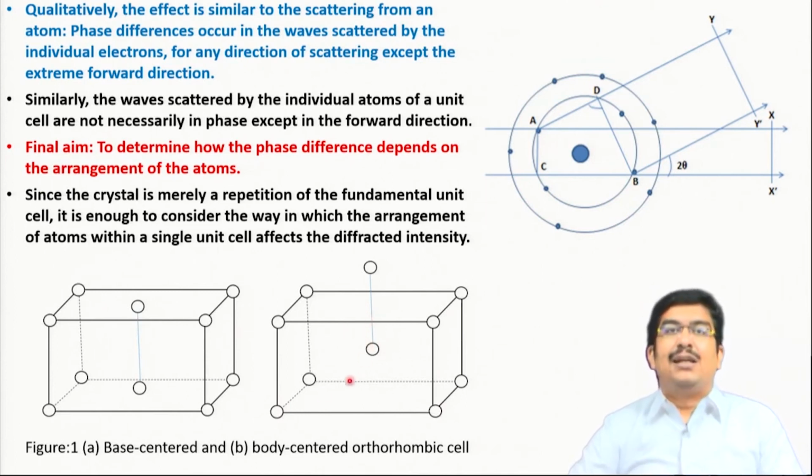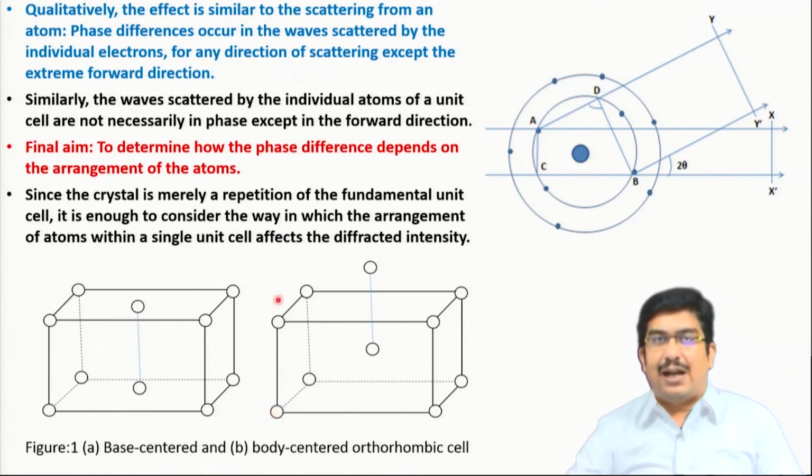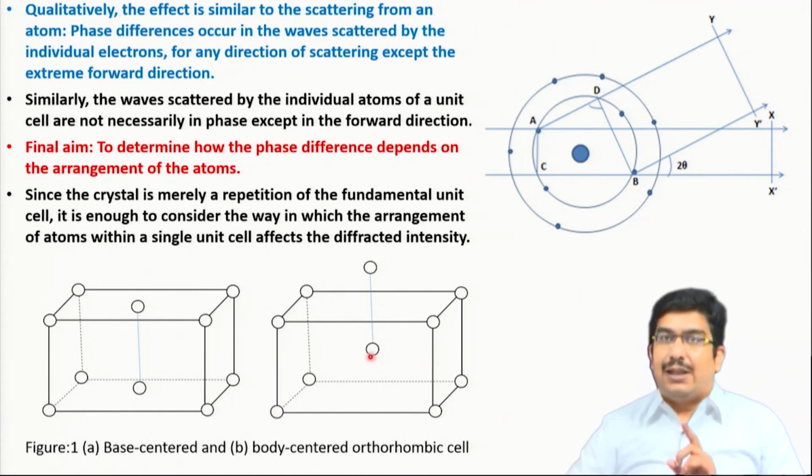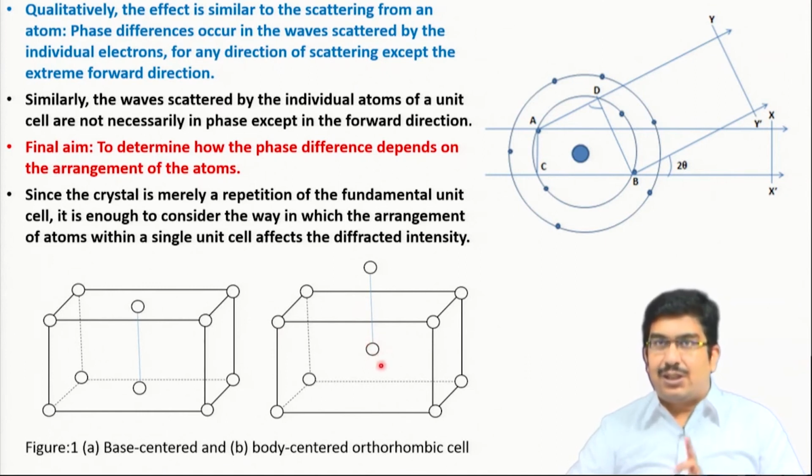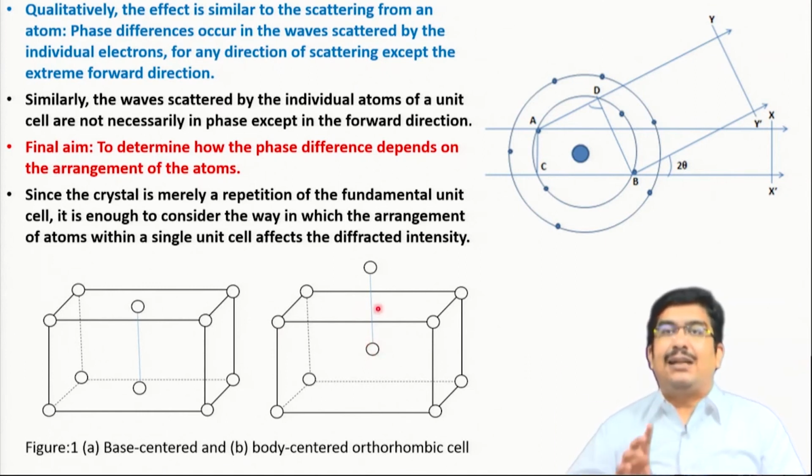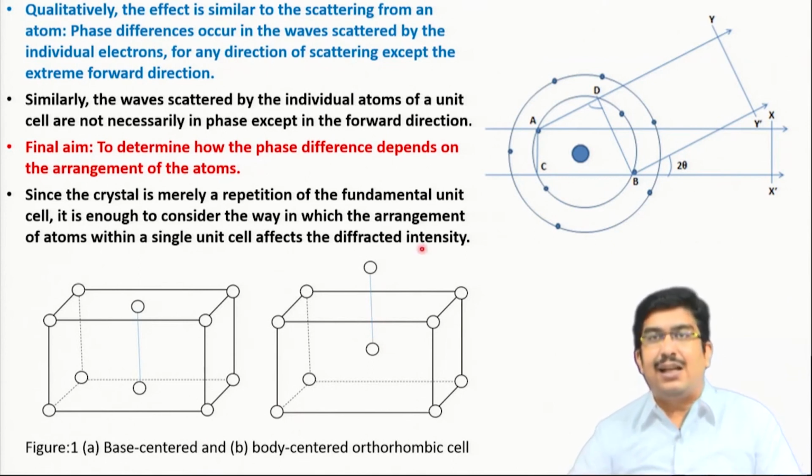So the X-rays coming out of the corner atoms and the X-ray coming out of the body center atom will be at different phases if we measure in some arbitrary direction.